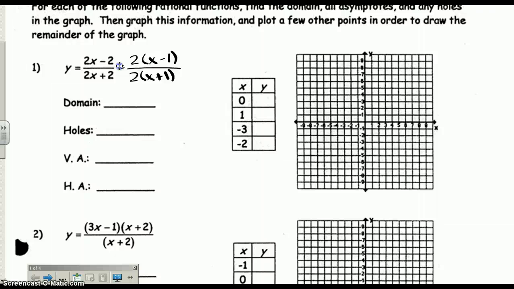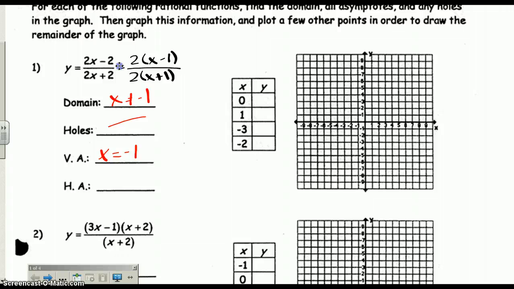Okay, so our vertical asymptote is at x equals negative 1, okay, because of our denominator, x plus 1. Our hole, nothing's factor reducible, so there's no hole. The domain, the only domain issue we have is that x cannot equal negative 1.